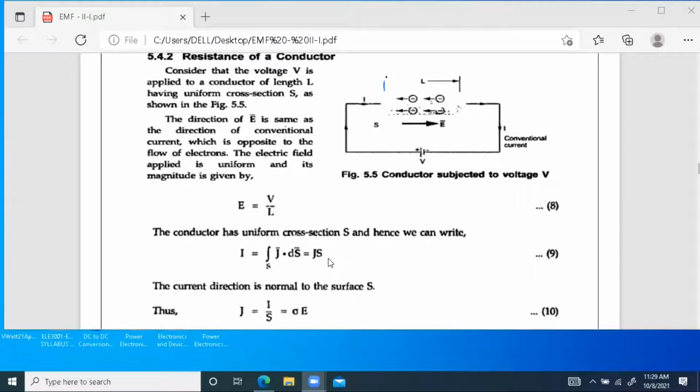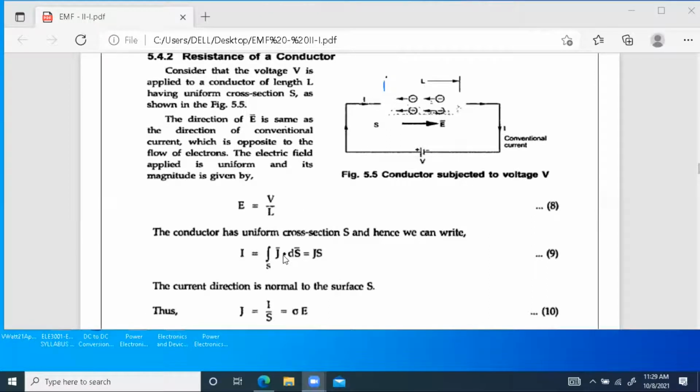Only the normal component is going to result, because of the dot product. Your electrons are going across your area, right? Yes, sir. So your current density is the number of electrons per unit area times your area.